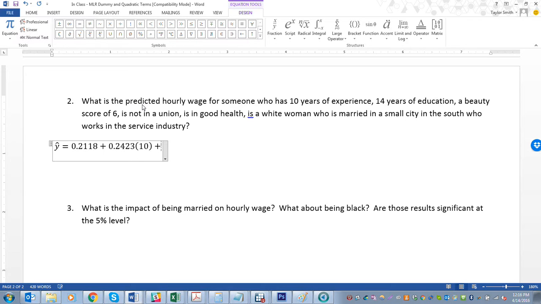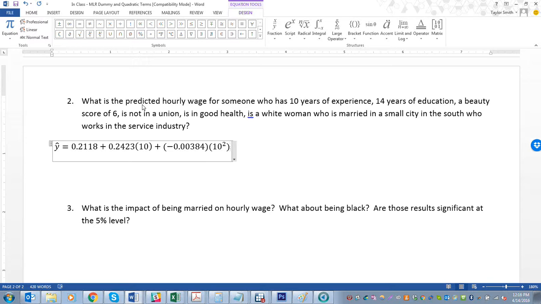So that is a negative 0.00384. Oh, I forgot my negative there. Times experience squared. So that's going to be 10 squared.